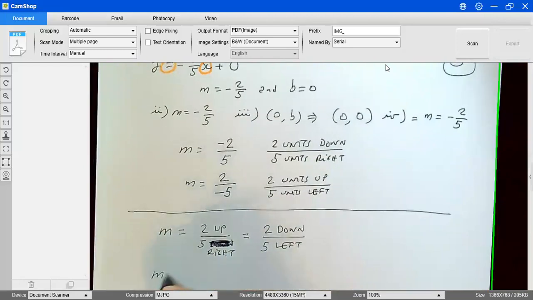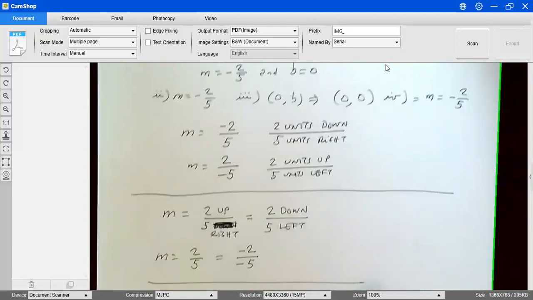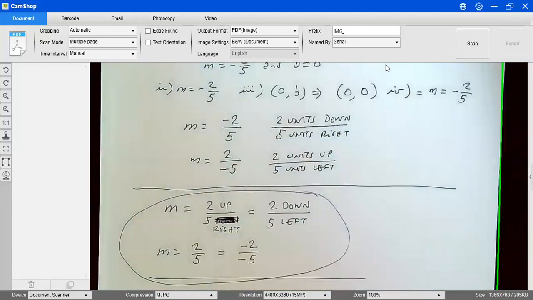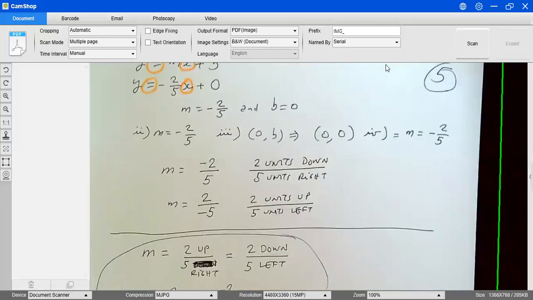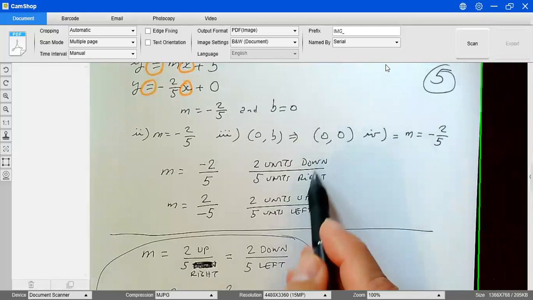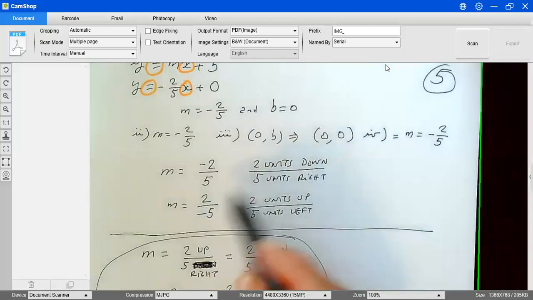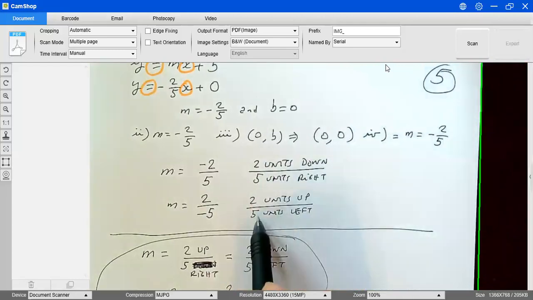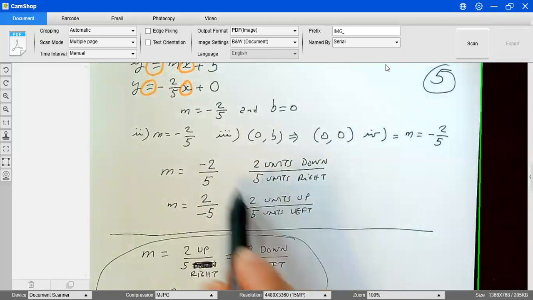So this is 2 over 5, so up and right, and this is equivalent to -2 over -5. That's what I'm trying to say: this is the case that we didn't cover here. But what I'm saying is that if you switch both directions, you're going to get the same recipe. So 2 down became 2 up, 5 right became 5 left, and we get the same recipe.